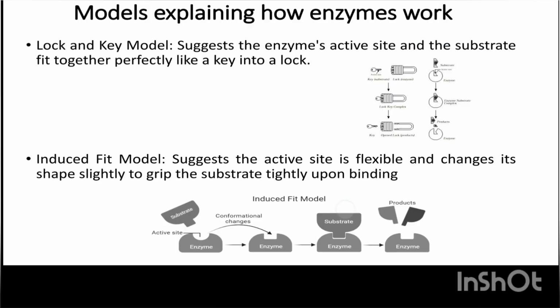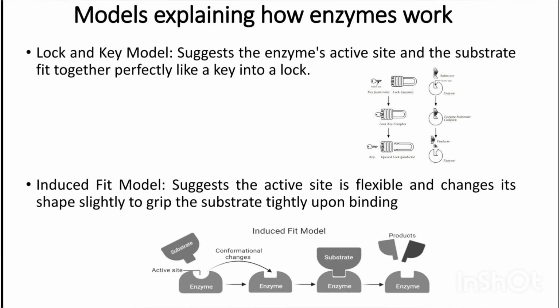Next, models explaining how enzymes work. There are two models: one is the lock and key model and the second is the induced fit model. The lock and key model suggests that the enzyme's active site and the substrate fit together perfectly, like a key into a lock.